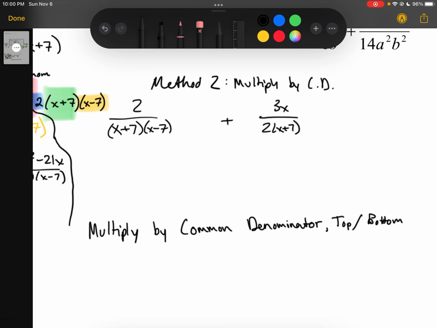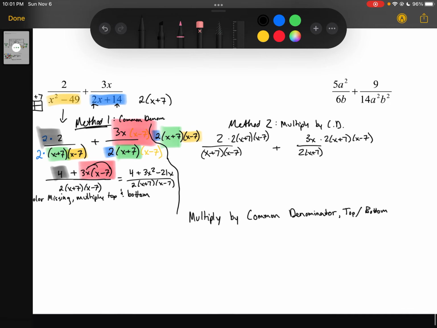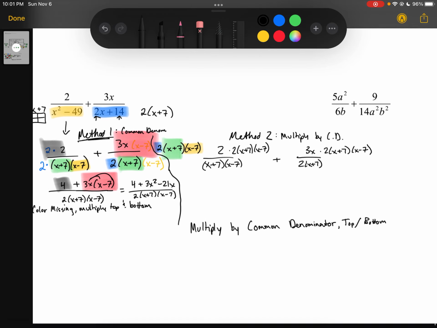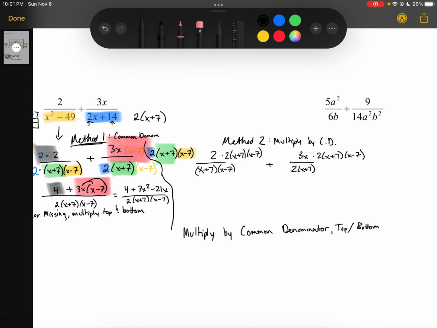So we're going to take all of the terms that we have and multiply here by, I'll write this in our colors, 2 times x plus 7 times x minus 7. So we multiply each of our terms by that common denominator in a way that helps us work through.